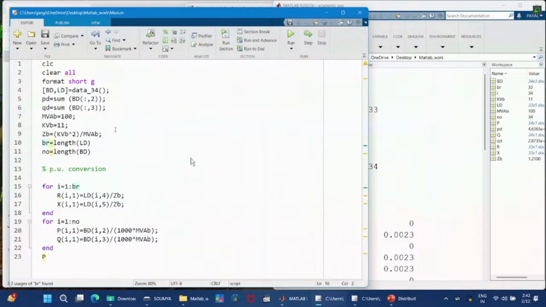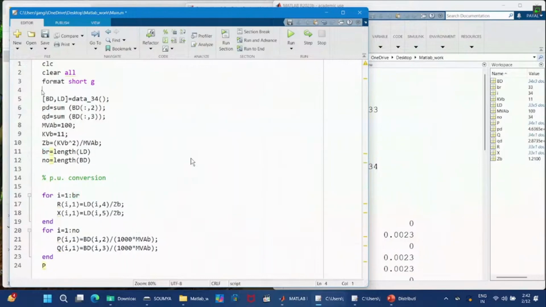The file name was saved as data underscore 34. So this line is mainly used for calling the data file. You will get this one definitely.